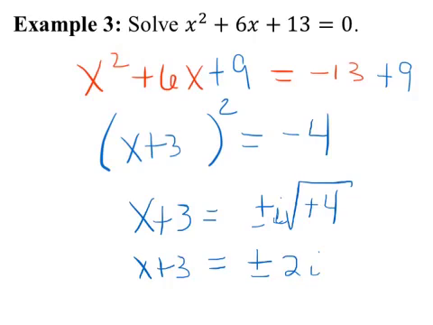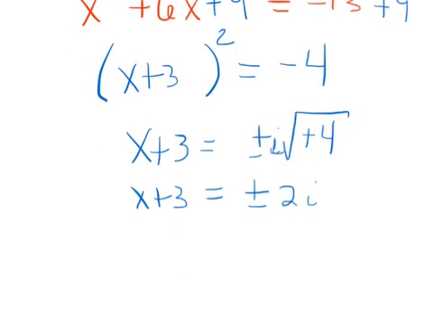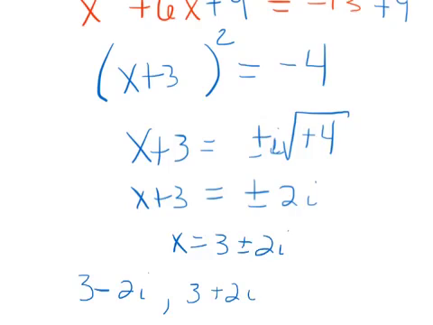Subtract 3. Nick, what do you get for the final answer here? 3 minus 2i and 3 plus 2i. Very good. And Jules, tell me, what are these called again when it's 3 minus 2i and 3 plus 2i? Why is it 3? Is it a positive 3? It's negative.